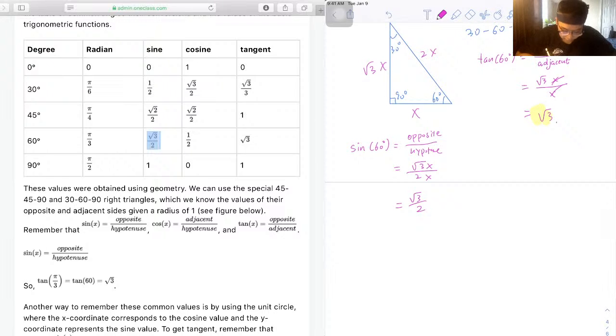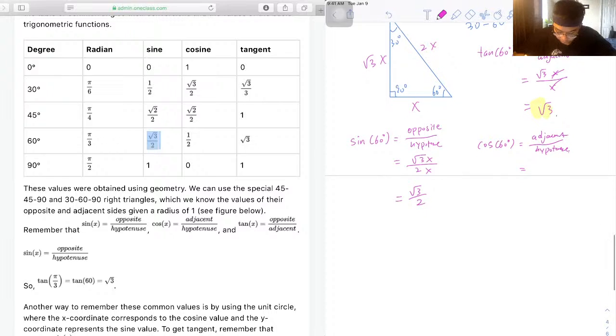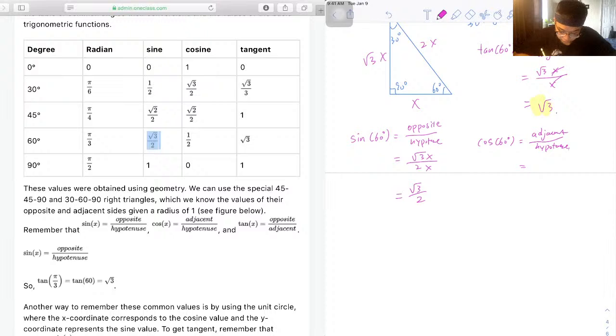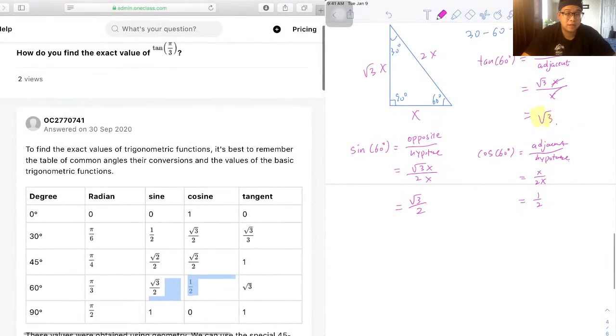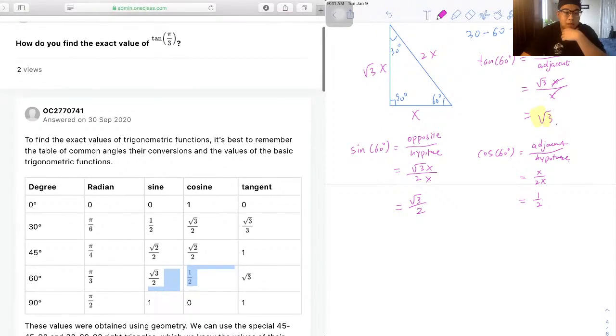And also, if we are calculating cosine 60, then that will be equal to adjacent over hypotenuse, which is equal to x over 2x, which gives us 1 over 2 as our answer. And you can see it's 1 over 2 in the table as well. Yeah. So that's how we find the exact value for tangent pi over 3.